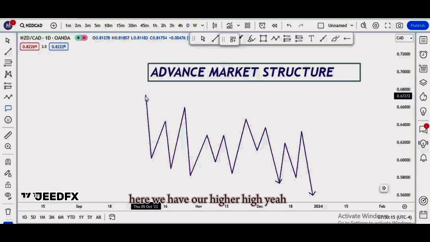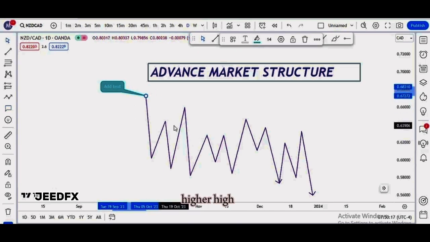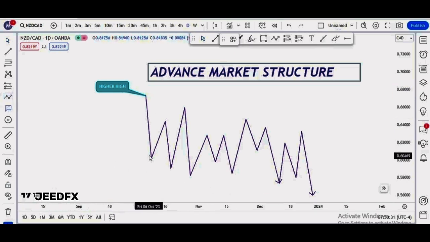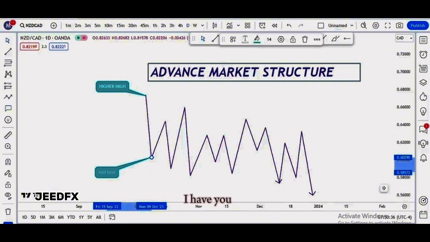Here we have our higher high, higher high, and here we have our higher low. Have our higher low here, higher low, higher low.